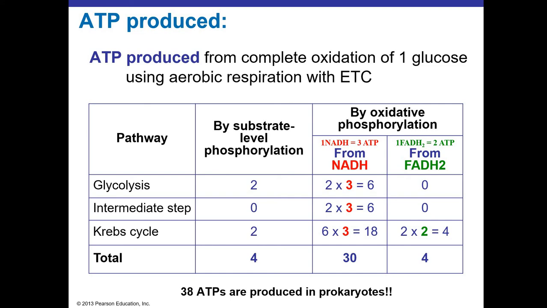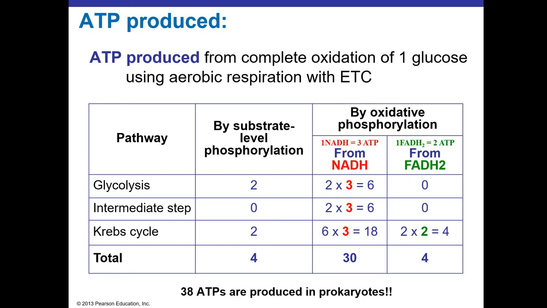So if every 1 NADH gives us 3 ATP, that means that all the NADHs that we've generated, we're going to multiply that by a factor of 3. So if we had 2 of the NADH in glycolysis, multiply that by 3, that gives us a total of 6 ATP, another 6 ATP in the intermediate step, and the big payoff, 6 NADH molecules are produced from the Krebs cycle.